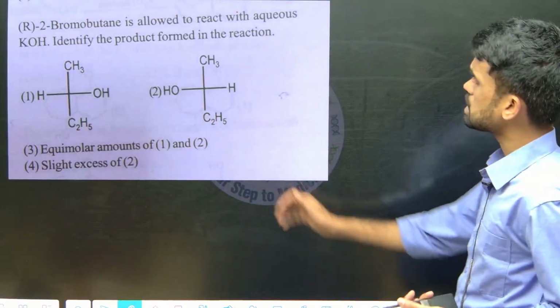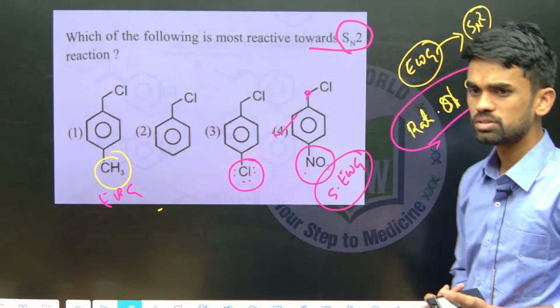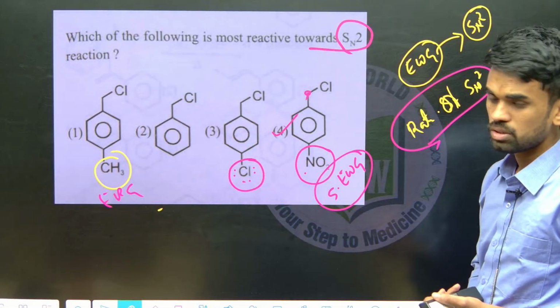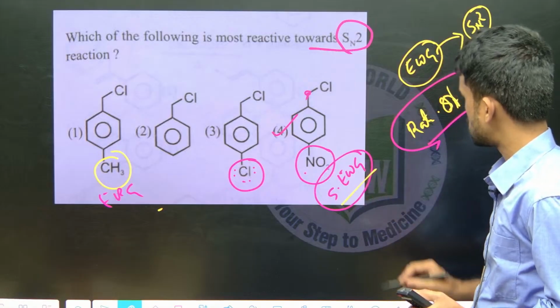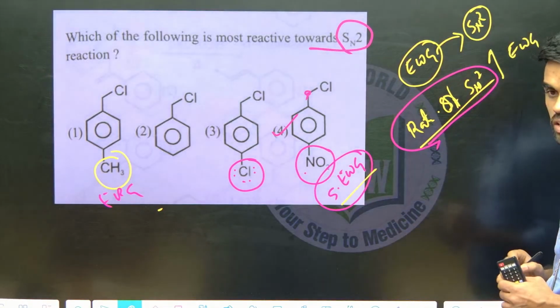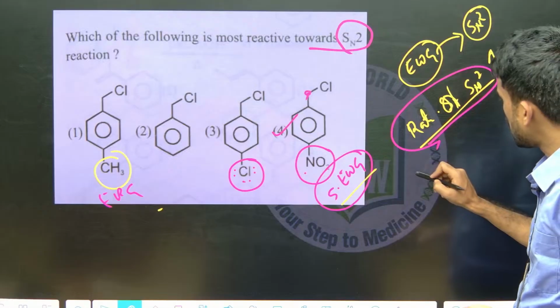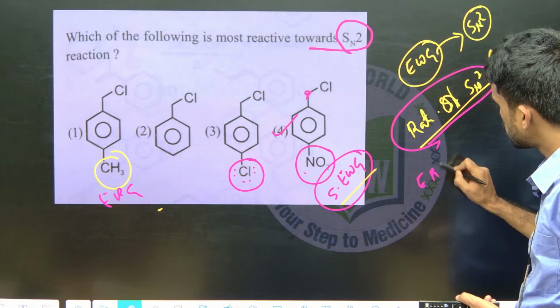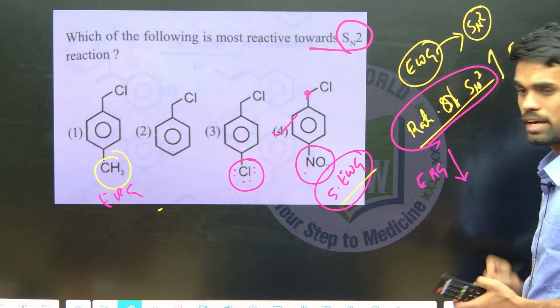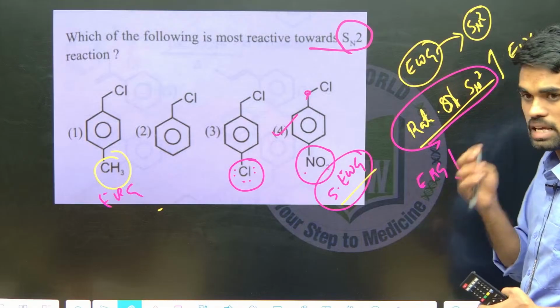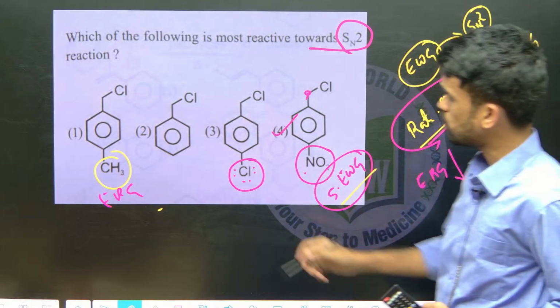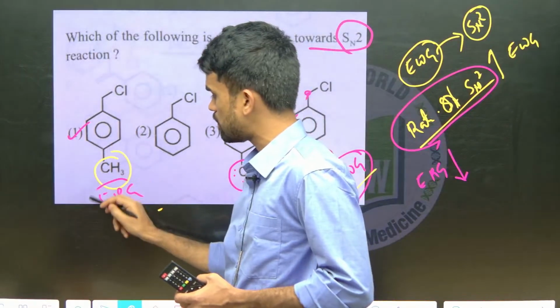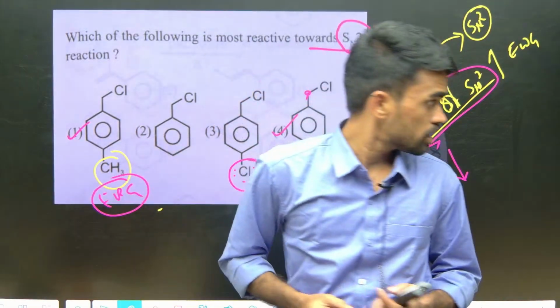If I ask which is least reactive here: if an electron withdrawing group is present, the rate of SN2 reaction increases, but if I have an electron releasing group, that will decrease the rate of SN2 reaction. So which is the least reactive now? The first one is the least reactive, as it is having an electron releasing group.